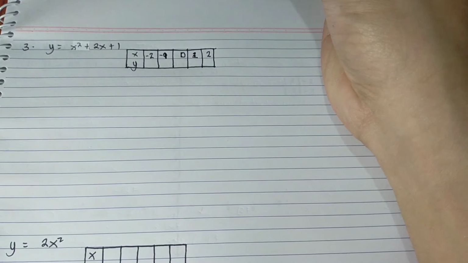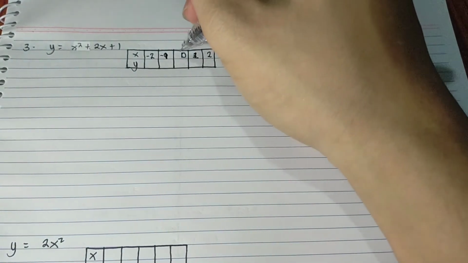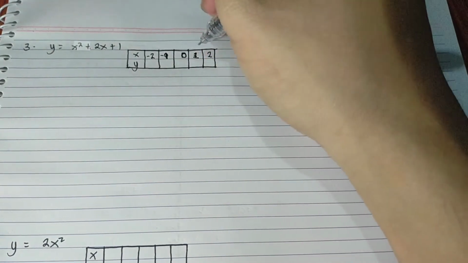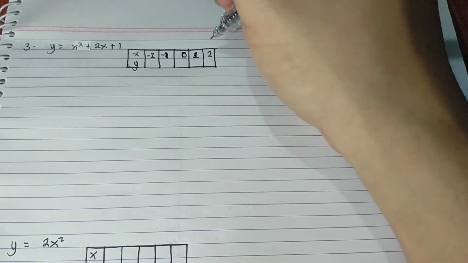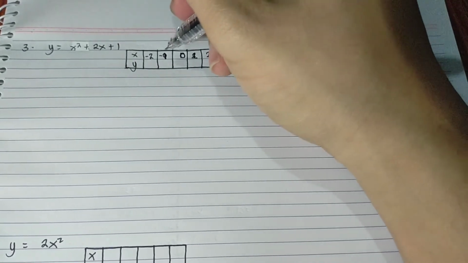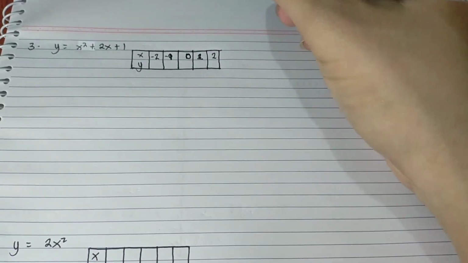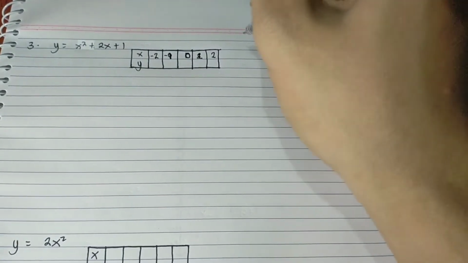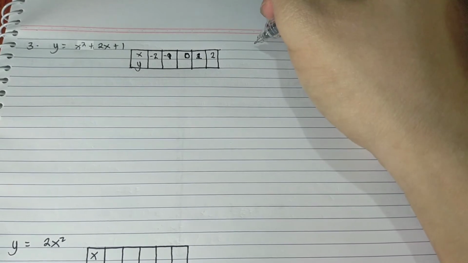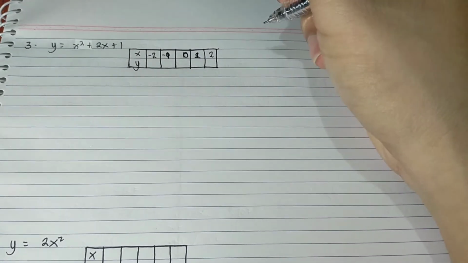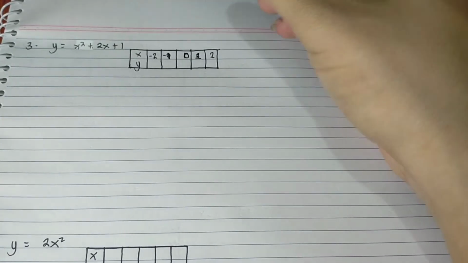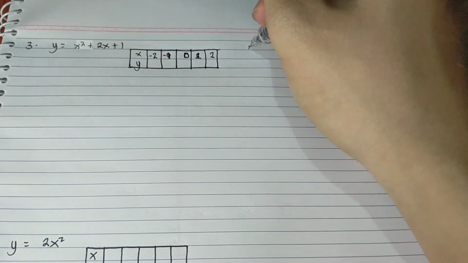Okay. So again, this is 0. On the right side is positive 1, positive 2. On the left side is negative 1, negative 2. Substitute natin ulit. Same with what we did kanina. Okay, so we're going to use the equation y.